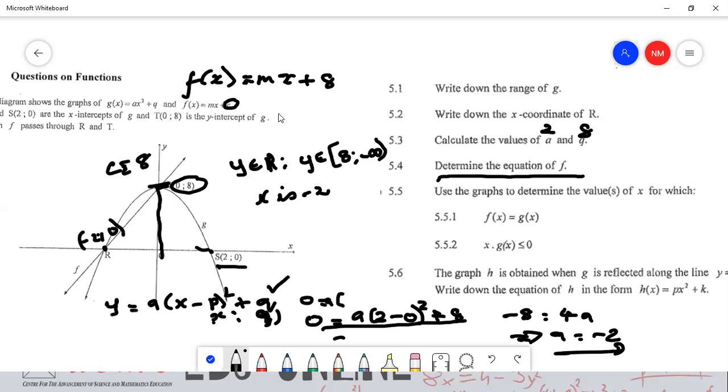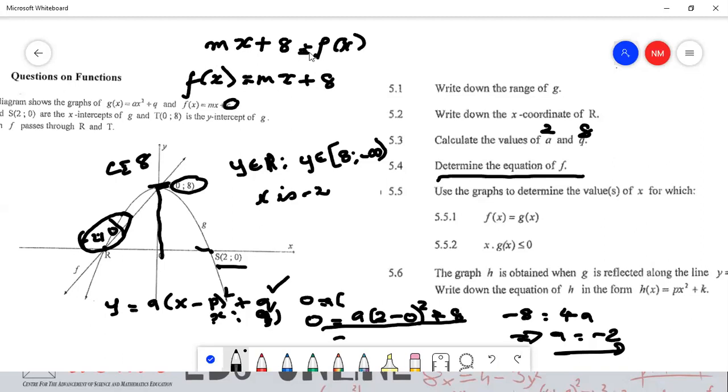Take any point on this one. Let's use the one that we discovered on our own. Let me just write it the other way around: mx plus 8 equal to f of x.